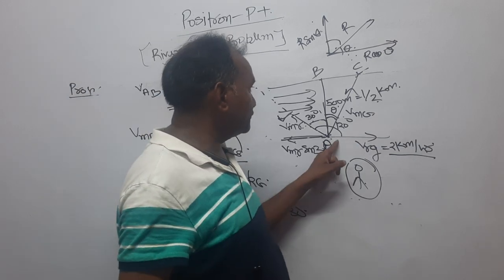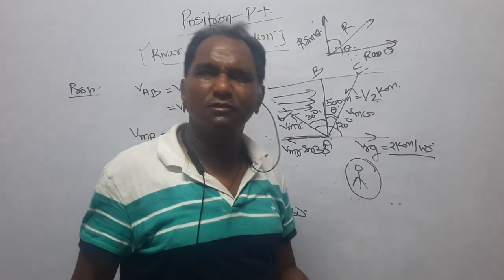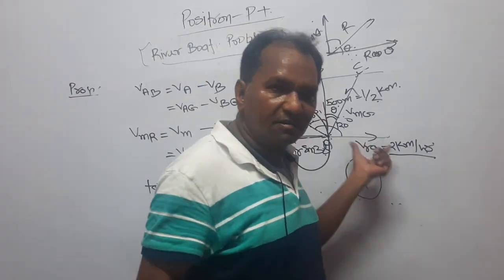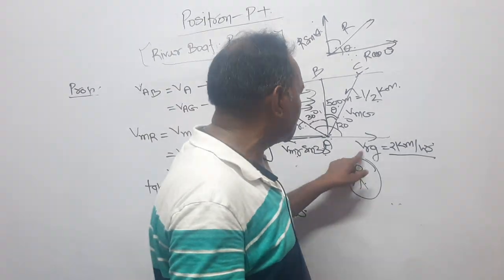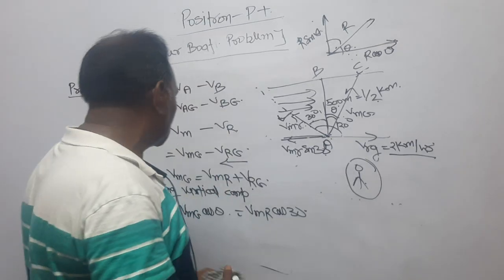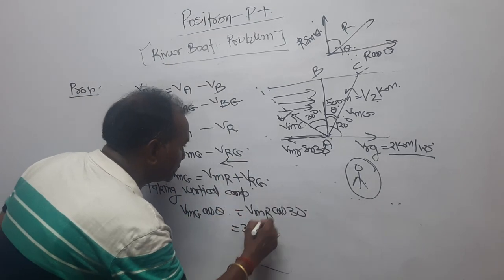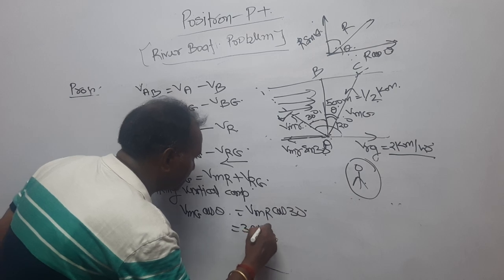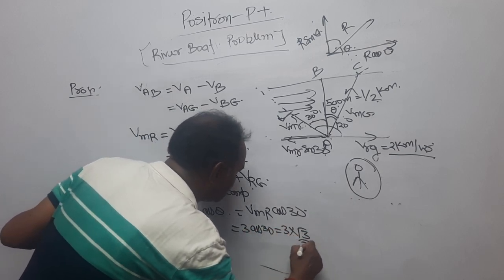Now, VRG is in the horizontal direction, so its vertical component is 0, or you can say VRG cos 90, and cos 90 is 0. So it becomes 0. So VMR is 3, cos 30, so you can write 3 into root 3 by 2.